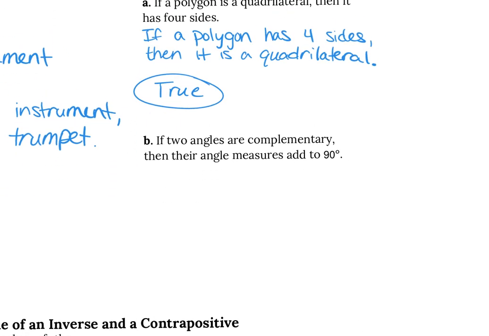All right, next. If 2 angles are complementary, then their angle measures add to 90 degrees.